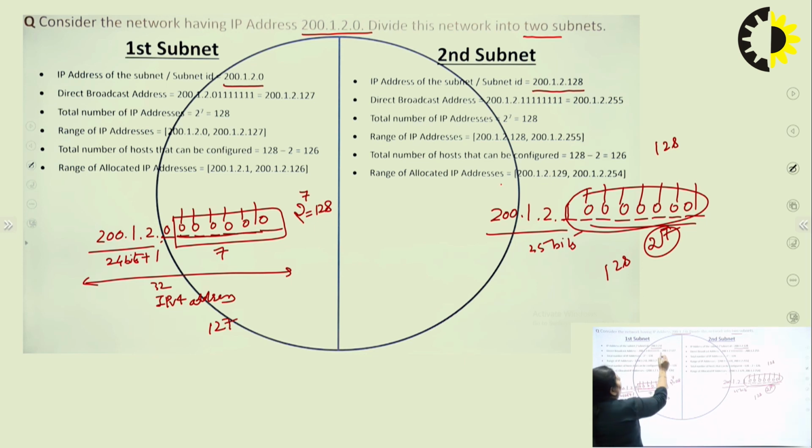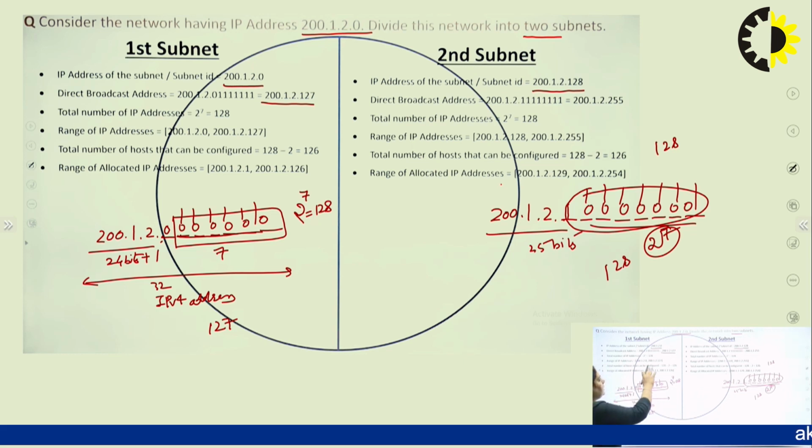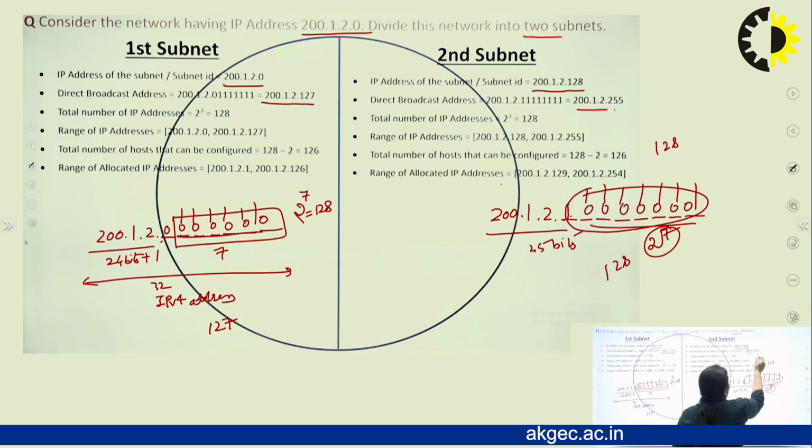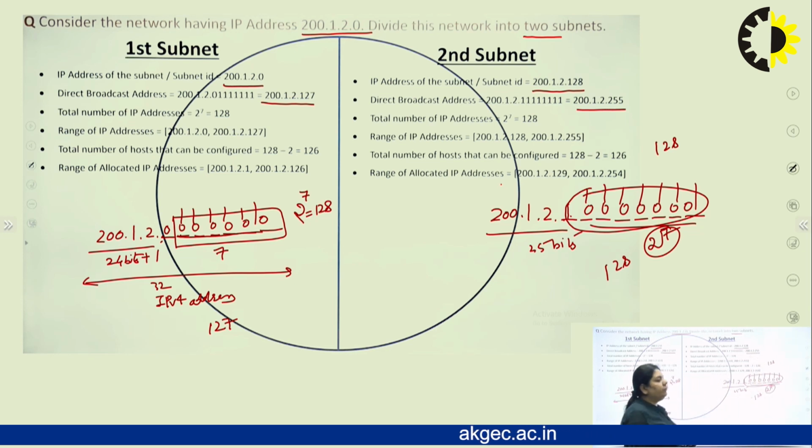So 0 to 127 is the total number of hosts in subnet 1, and in the second subnet this would become 255. So the last address would be 200.1.2.255.